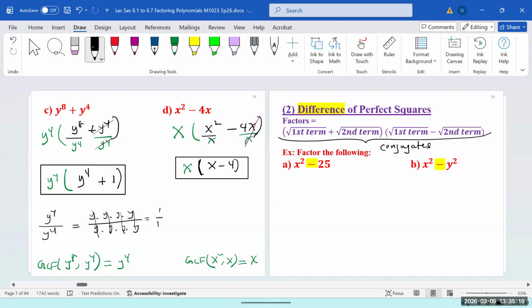For example, x squared minus 25. What is the square root of x squared? X. And what is the square root of 25? 5. So you found your 2 main individuals for your conjugates.